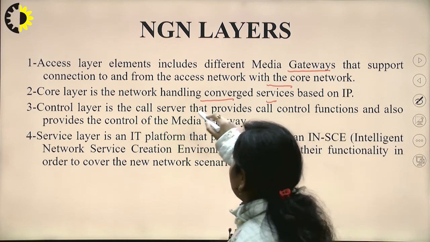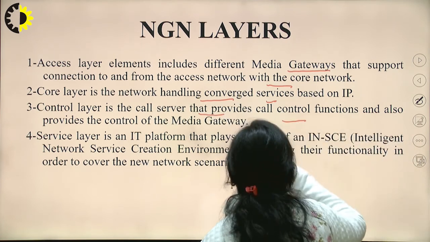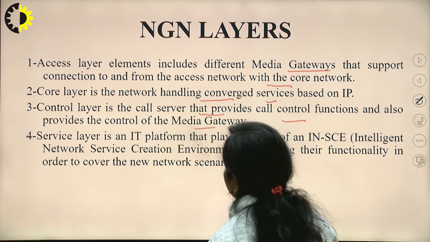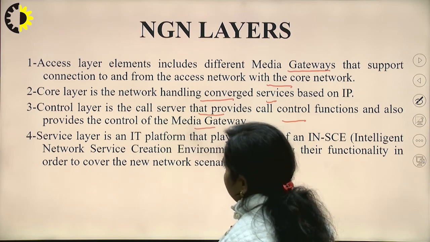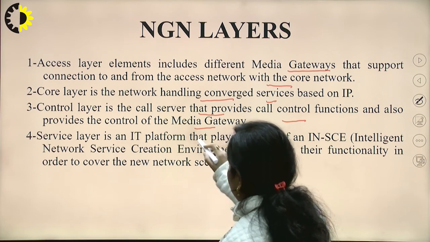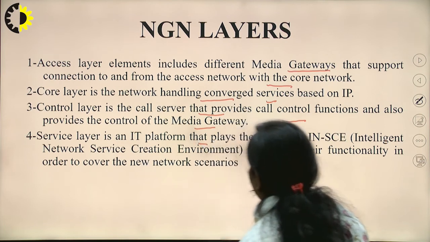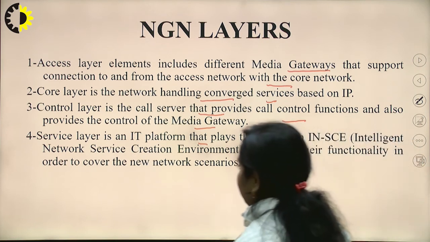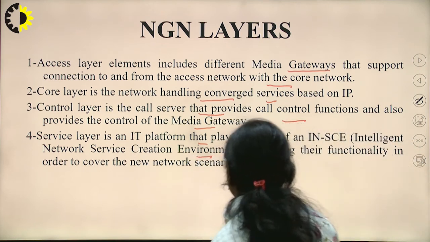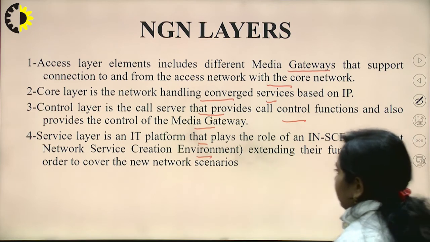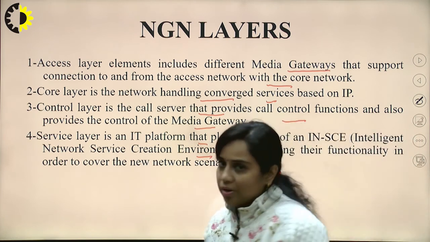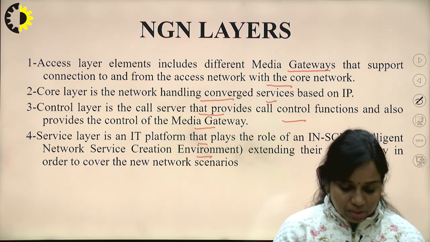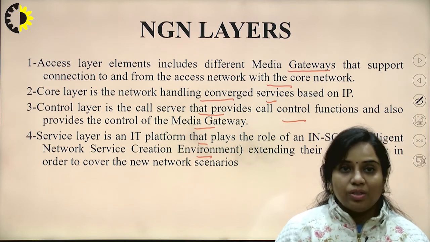The control layer is the call server that provides call control function and also provides control of the media gateway. The service layer is an IT platform that plays the role of INSCE, that is Intelligent Network Service Creation Environment, extending its functionality in order to cover the new network scenario. So this is all about the 4 layers that are part of NGN networks.